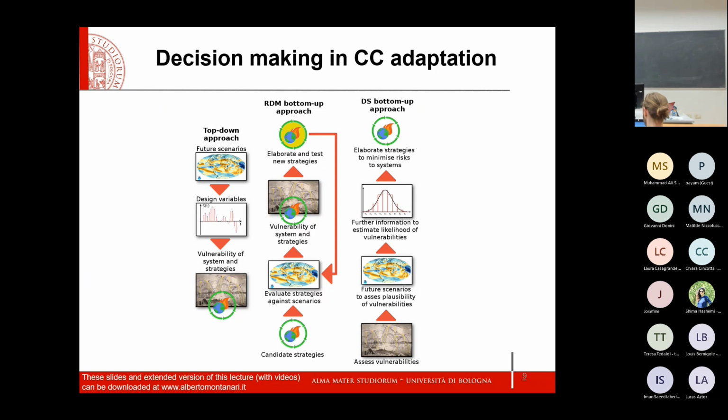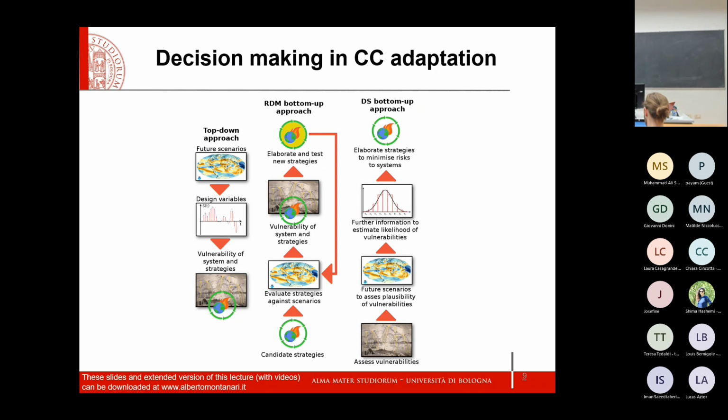And then, based on this assessment of current and future vulnerability, strategies are identified. I mean, the concept is the same. The concept is to focus first on the problem and its solution, and use the future scenarios as a verification.